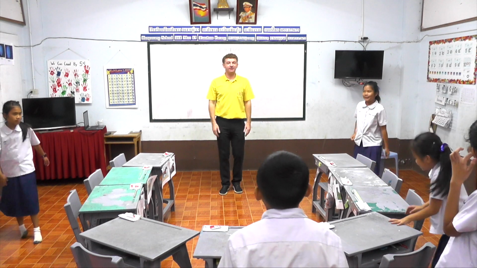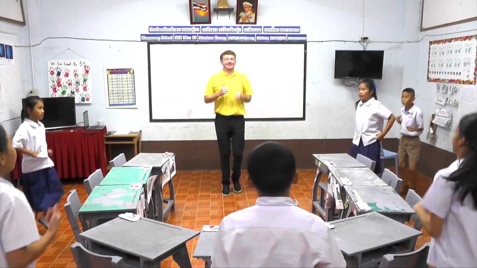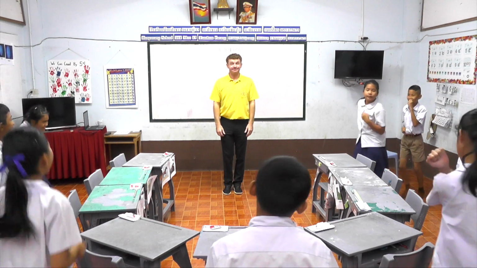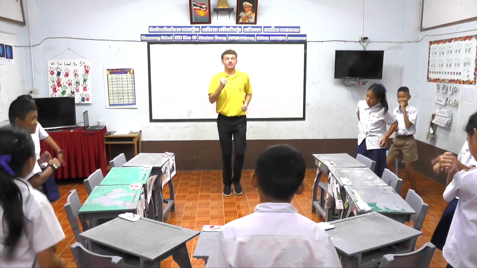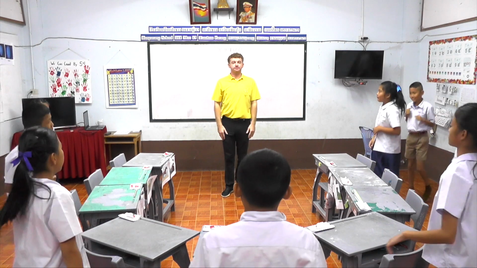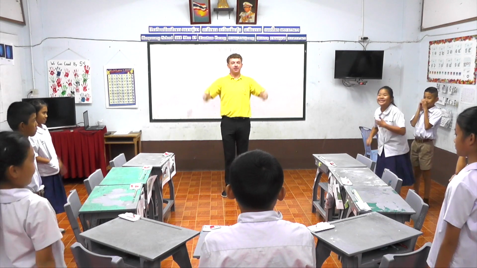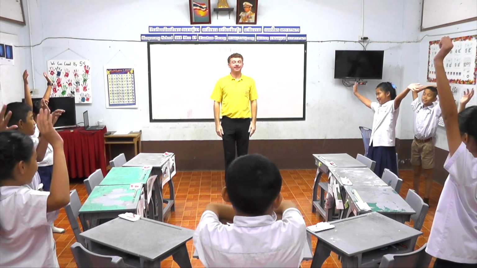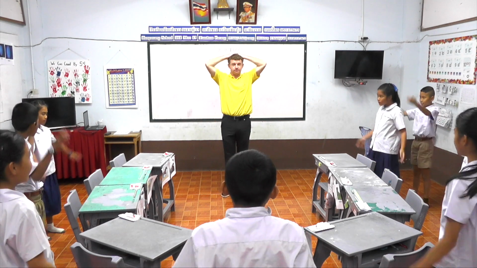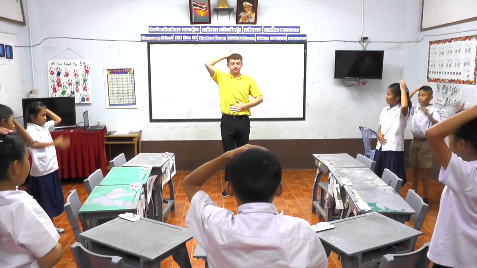Okay. Teacher says, jogging on the spot. Stop. Teacher says, jog quickly. Teacher says, stop. Arms in the air. Arms down. Teacher says, arms down. Teacher says, hands on head. Teacher says, one hand on stomach.